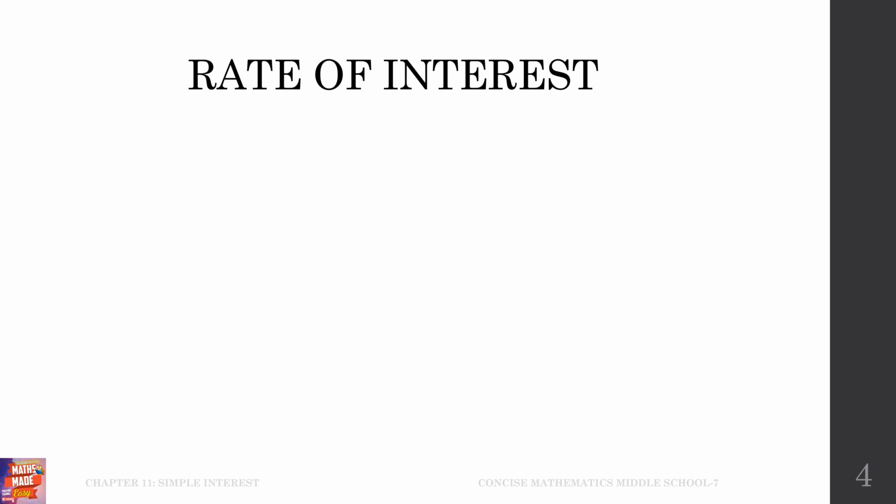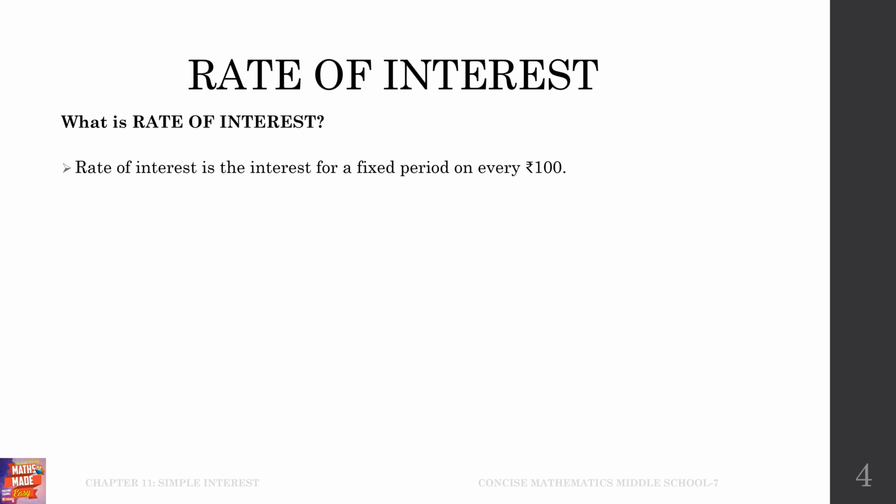Then what is the rate of interest? I have already explained with the example. It is the percentage rate. It varies, children. The rate percentage varies from bank to bank, and even individual persons give money for interest, but they charge a higher rate, right?